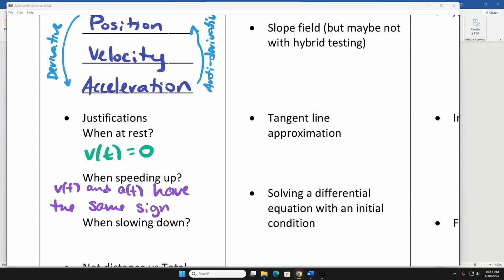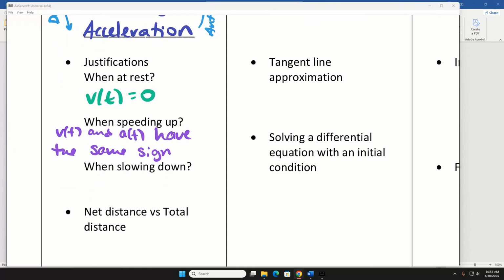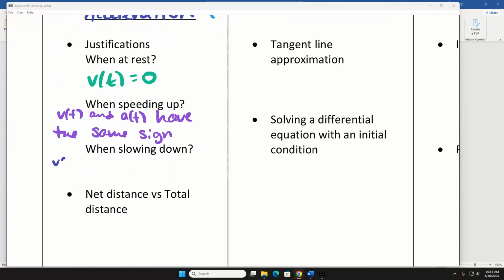So they're working together. The particle or object will speed up. If they're working against each other, it slows down. So we have different signs, or opposite signs, either way.